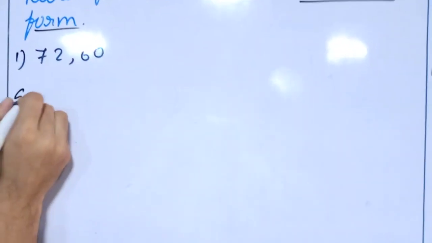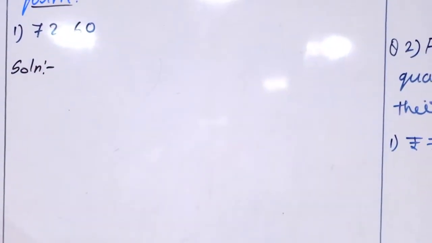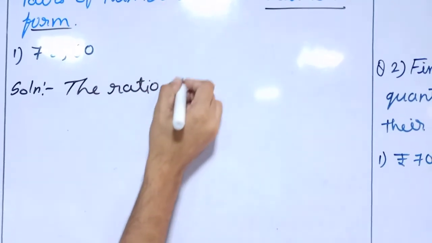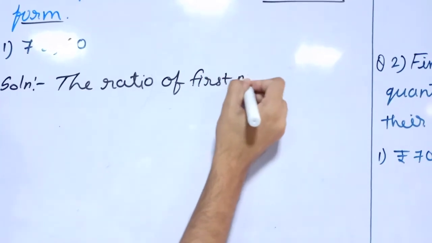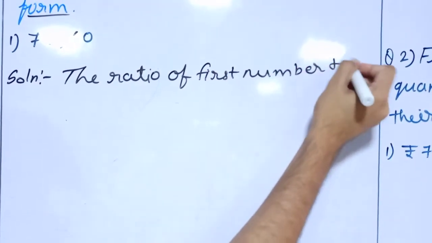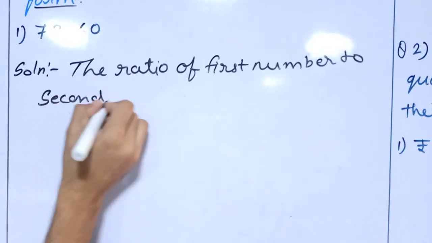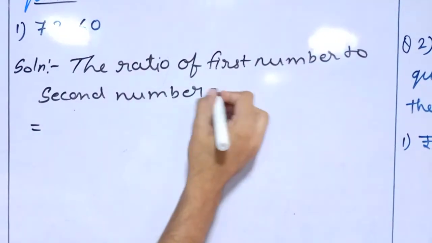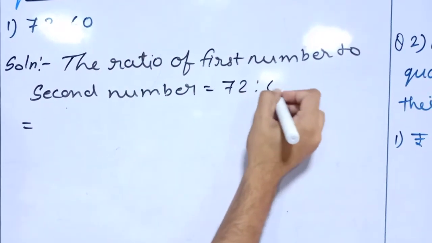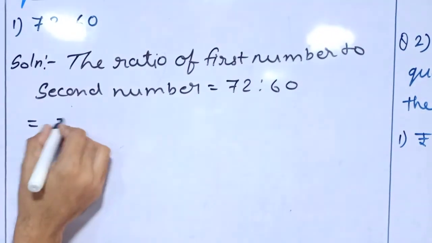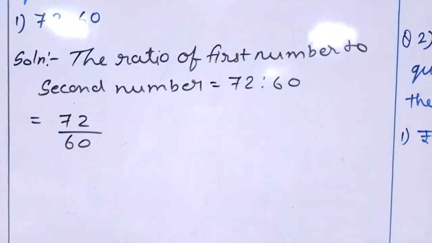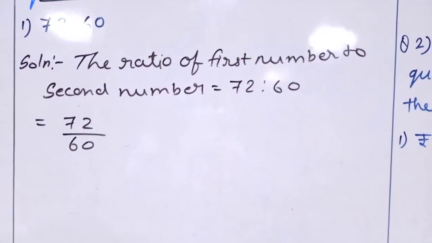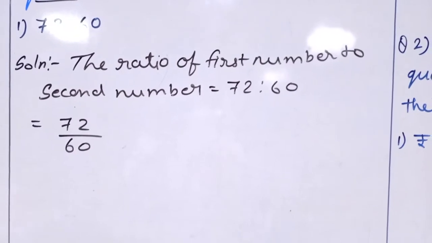So let's start. How are we going to solve it? First we write the statement: the ratio of the first number to the second number is equal to 72 is to 60. The same thing we can write as 72 upon 60. If you see, both 72 and 60 come within the table of 12.